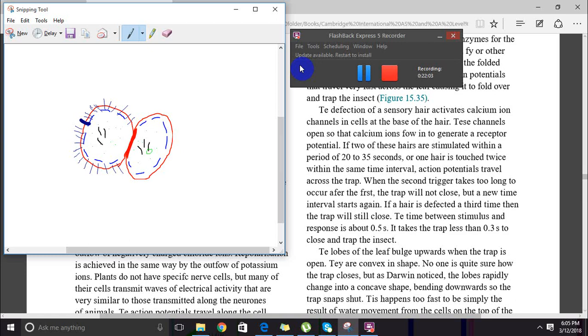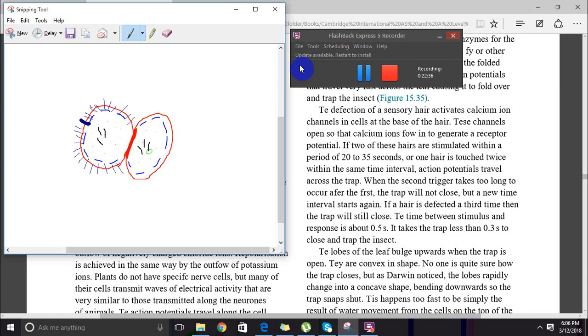Now, if just one of these hairs is stimulated and the insect just stands over there for a while and then maybe flies away, then the Venus trap won't close. For a Venus trap to close, two of these sensory hairs, or one of these, has to be stimulated twice within a period of 20 to 35 seconds.